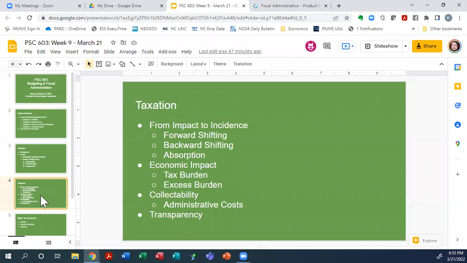It's kind of related to this concept known as forward shifting, which is where the party that incurs the direct impact of the tax applies the incidence and shifts the incidence forward to another party.